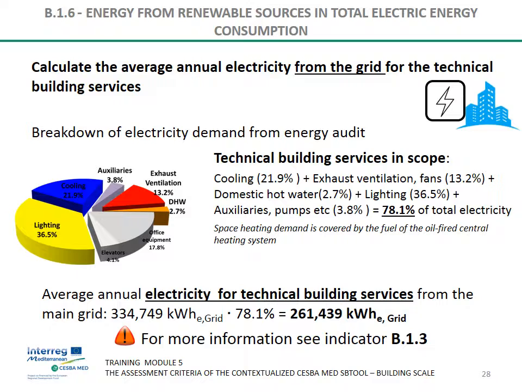In this case, not all the loads are within the scope of this exercise, so we have to remove those loads which are not part of the scope. In this case, we know that 78.1% actually is the part which is within the scope. So we calculate the total grid energy by this percentage in order to arrive at the value which is within the scope of this indicator.